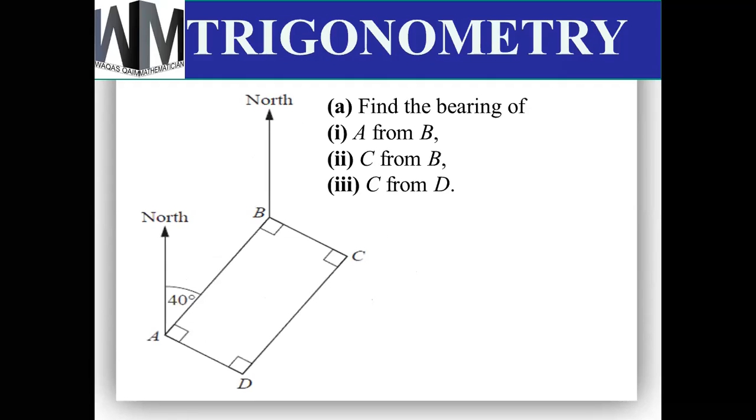Okay, this one. In this question, the bearing of B from A is given as 040 degrees and ABCD is given as a rectangle. Now we have to find the bearing of A from B, C from B, and C from D. We are going to draw north at every point, and at point B we are going to extend the line of the north.